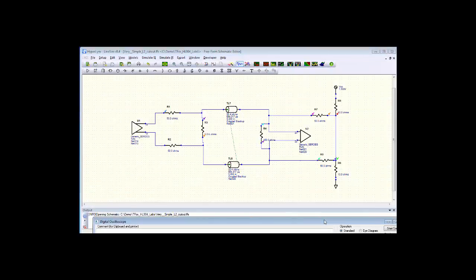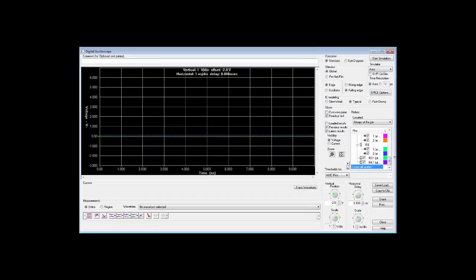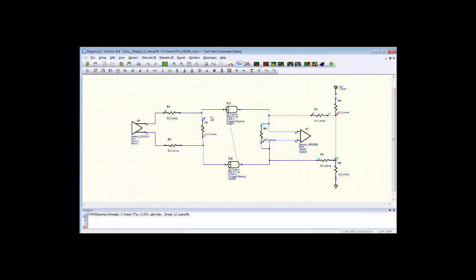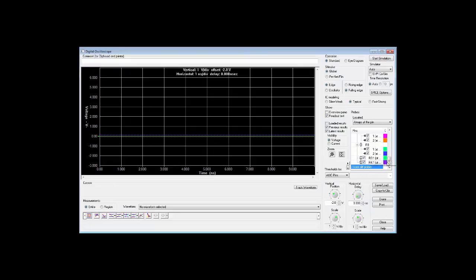Okay, and where's the other one? The other one's going to be across R4. So I've got a differential across R4 and a differential across R3. So what I'm seeing is the voltage across R3 and the voltage across R4. And so let's just see how that works.